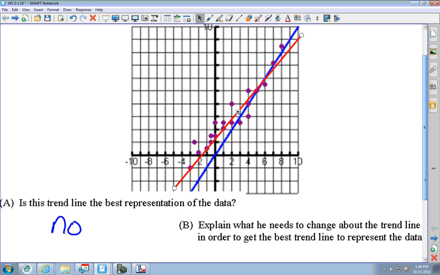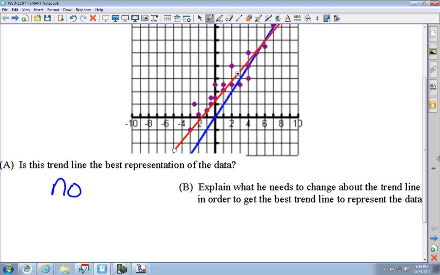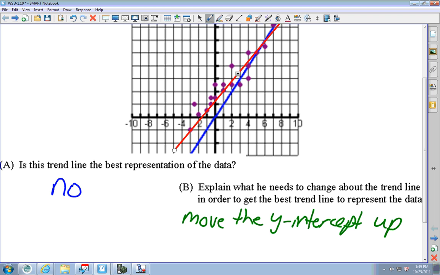So what I'm actually doing right here is I am moving the y-intercept up. I am increasing the y-intercept by moving it up. Then the next thing I did was I tilted it down.